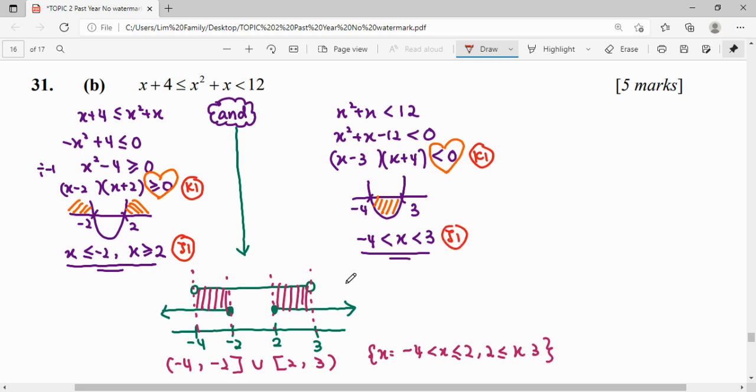Lastly, we see that your final answer comes from this intersection. We can accept your set notation or interval form. This answer refers to your number line: are you doing your intersection here? That's how we get these 5 marks.